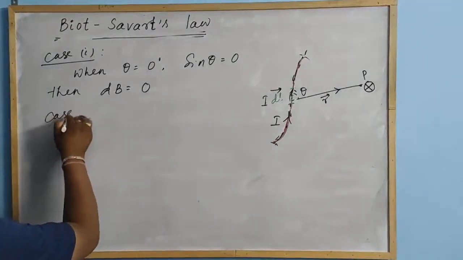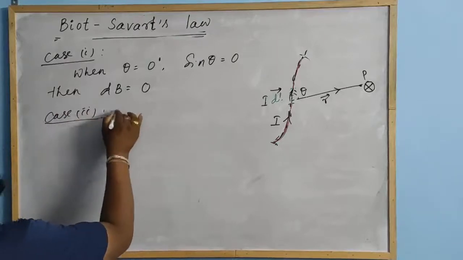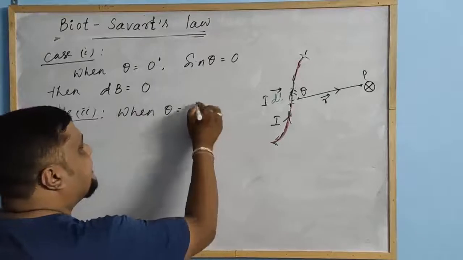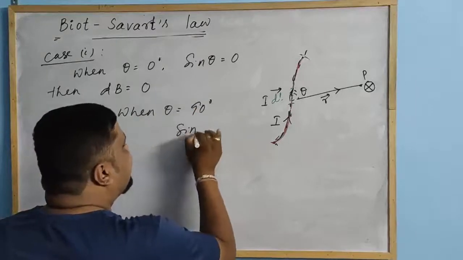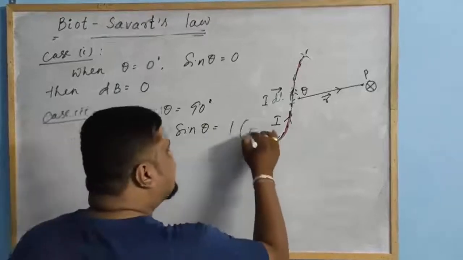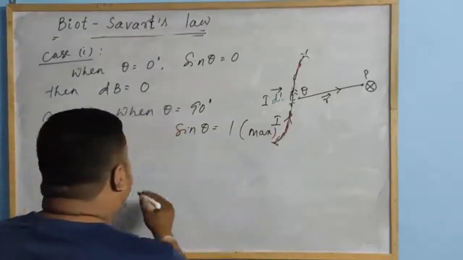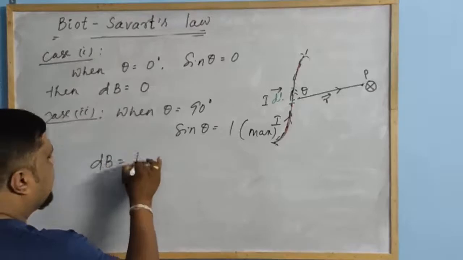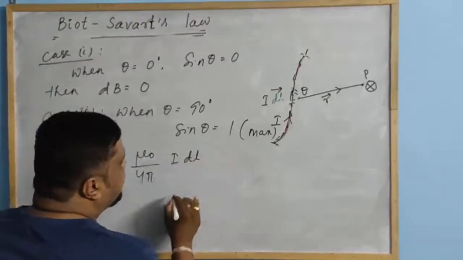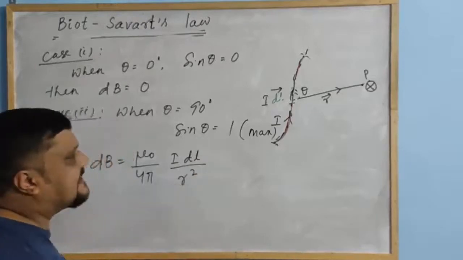Case 2. When theta is equal to 90 degrees, sin 90 is the maximum. Then dB is equal to mu naught by 4 pi, I dl by r square, and sin theta is 1.